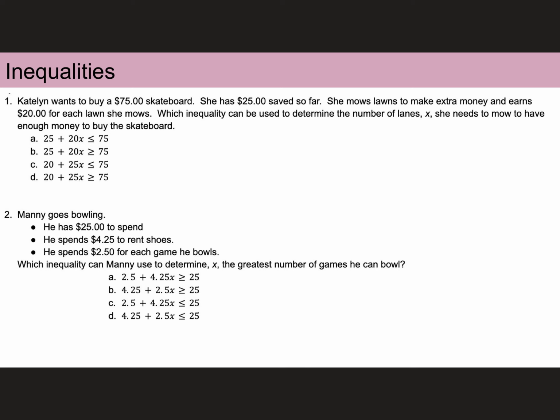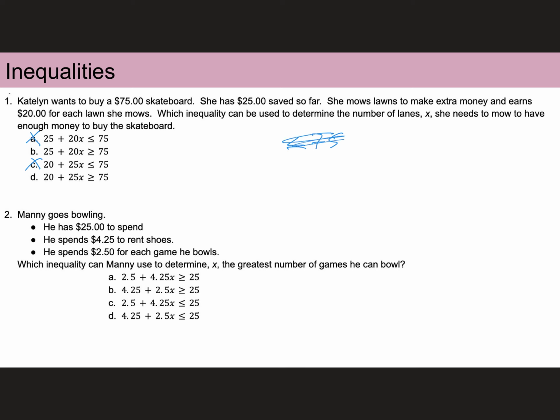No. What that means is I can automatically get rid of A and C, because A and C both say less than or equal to 75. And she needs $75 or more.